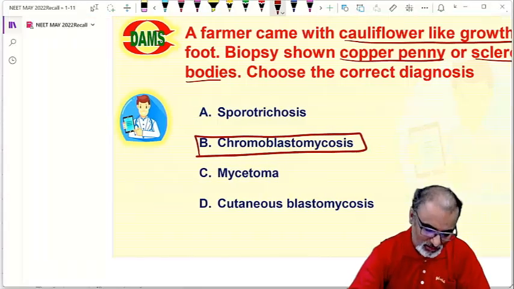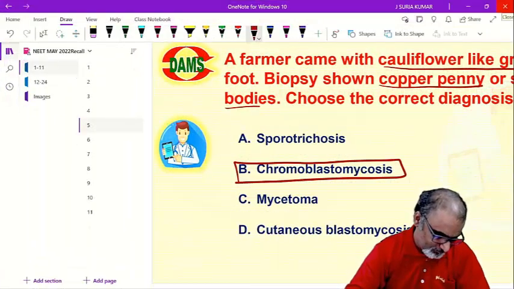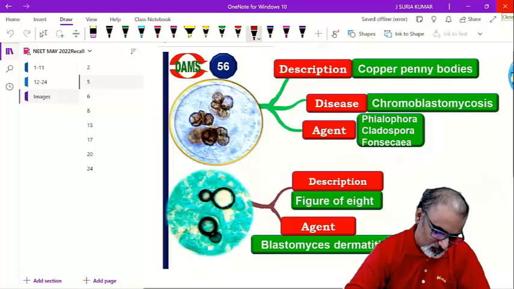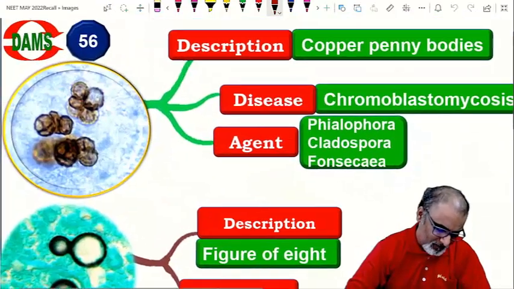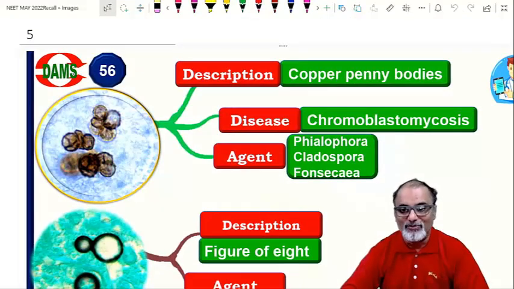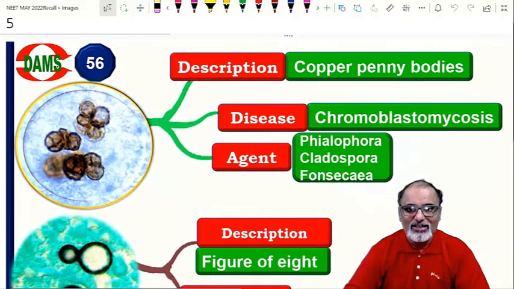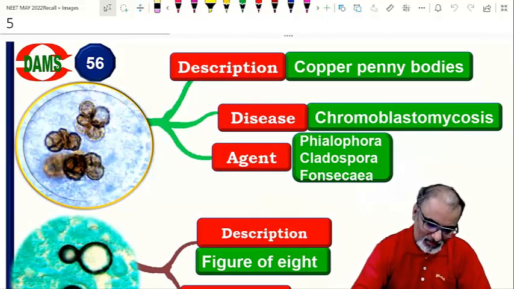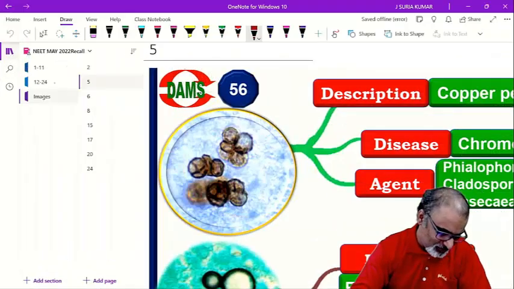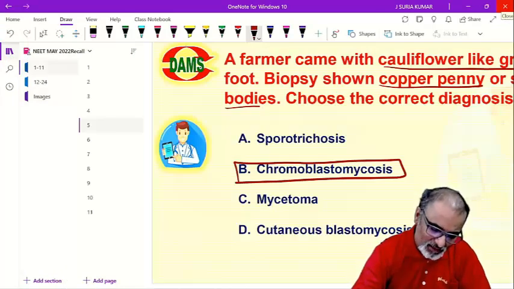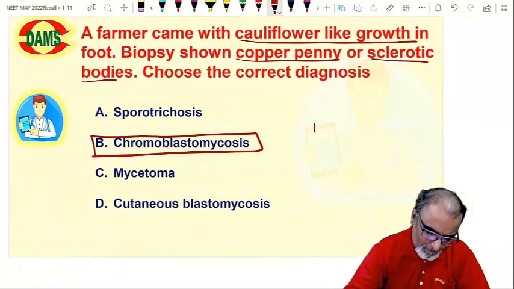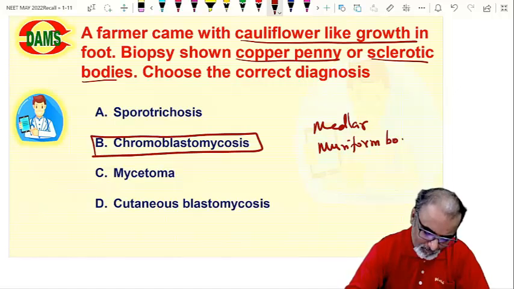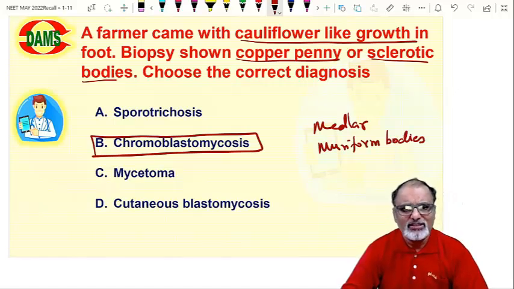I'll show the thing to you. See here, it was a DVT slide. Hope you people remember mind mapping. Okay, copper penny bodies. Then they didn't give the image, and this is otherwise called medlar bodies, muriform bodies, sclerotic bodies, all are same.